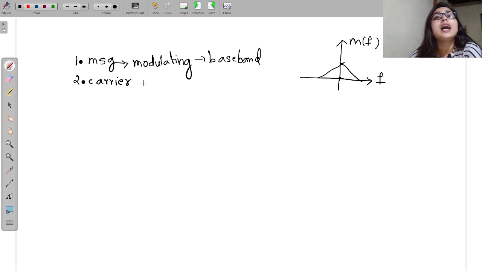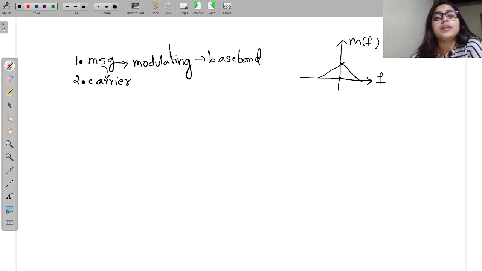The carrier signal is a high frequency signal. What we studied is that the message signal is superimposed or impressed on the high frequency carrier signal so that it can travel longer distances.